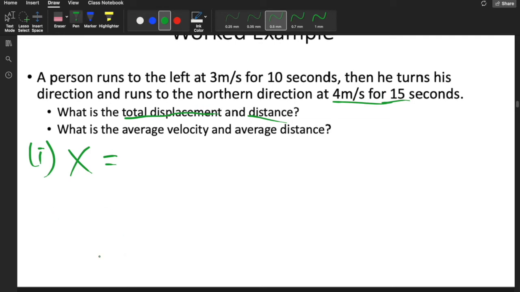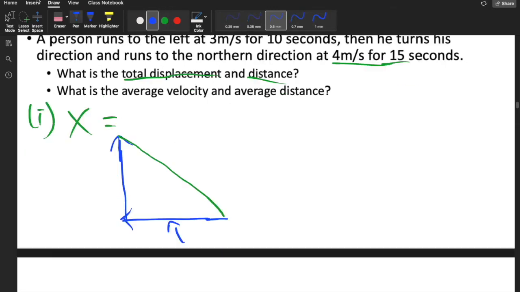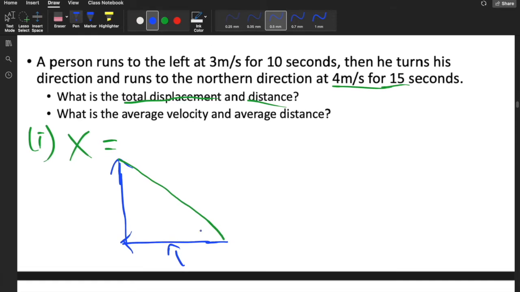So run to the left at 3 meters per second for 10 seconds, and then turns direction. So what we need to know is this green line. So what is the length of this line? So the question says the person runs to the left at 3 meters per second for 10 seconds, right?